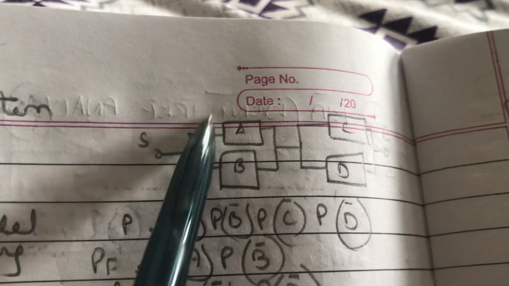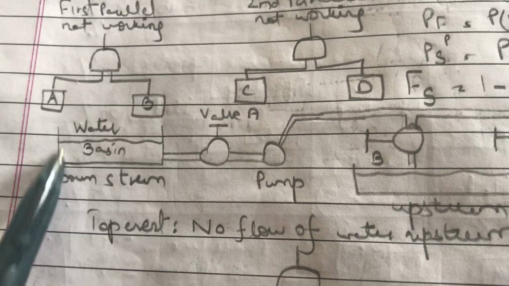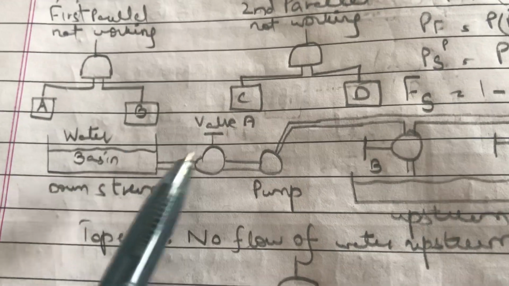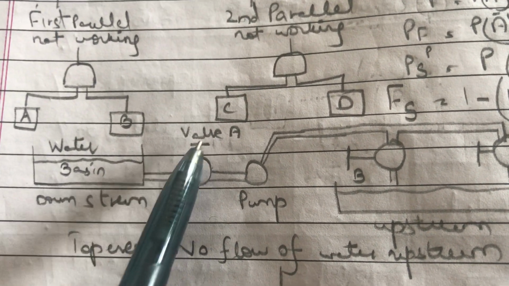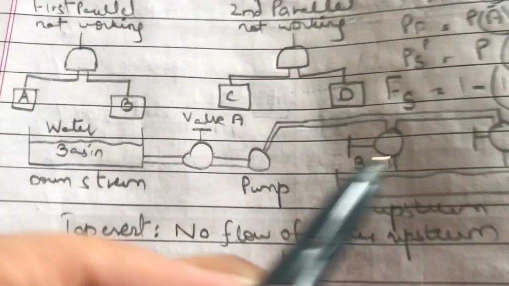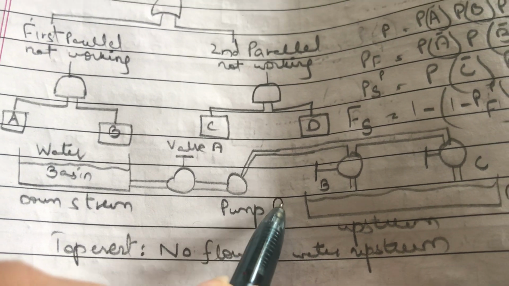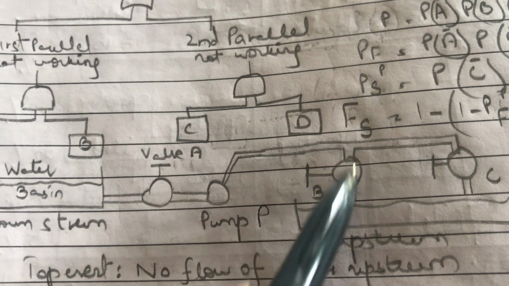Now we'll move on towards the second question and the second system. What is the second system here? See, the drawing is present here. We have a downstream water basin in which water is present, and it is connected to a valve, valve A here. It is connected to a pump, pump P, which is present here and going in the upward direction.